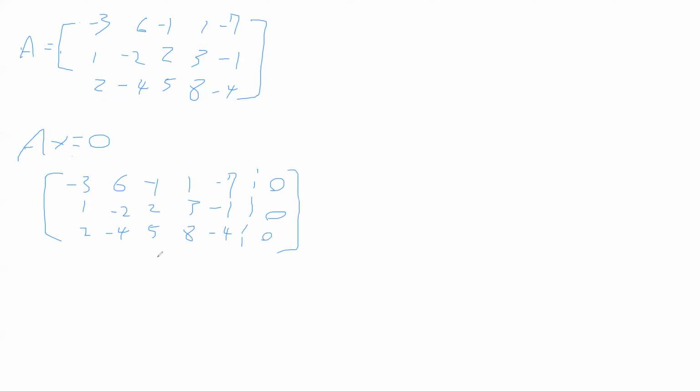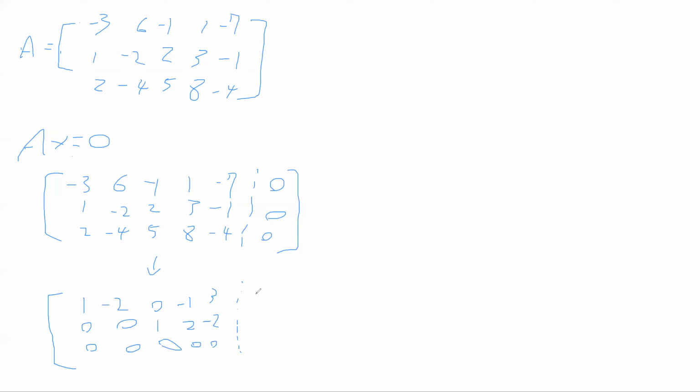Okay. Now, by elementary row operations to reduced row echelon form, we will get this: 1, -2, 0, -1, 3, 0, 0, 1, 2, -2, and then 0, 0, 0, 0, 0.